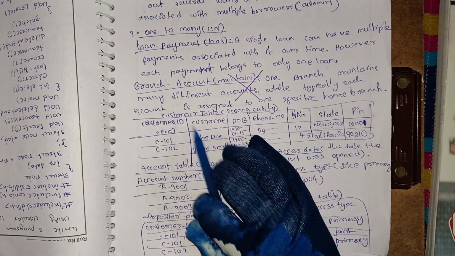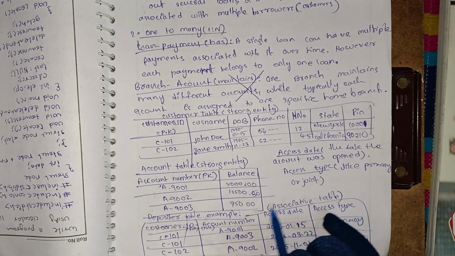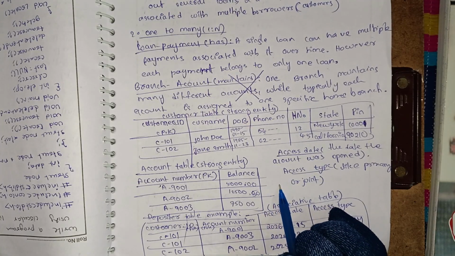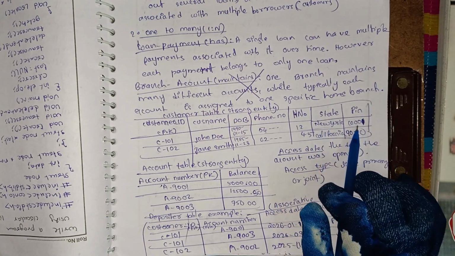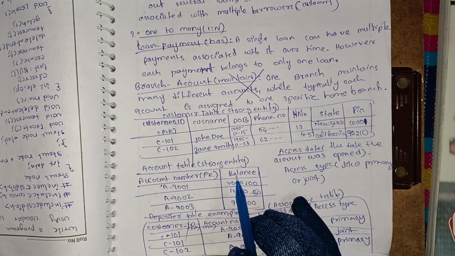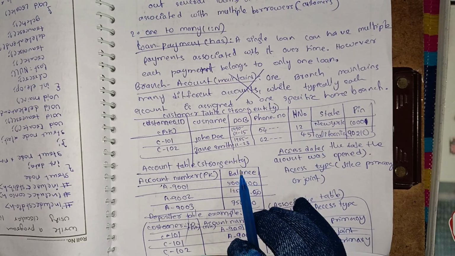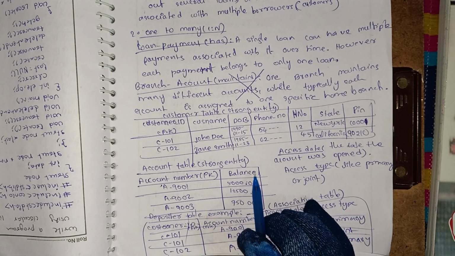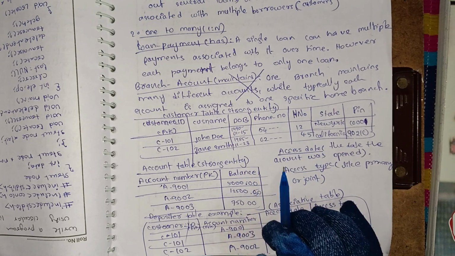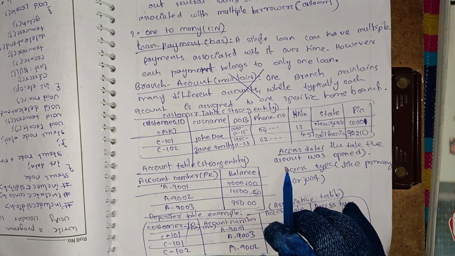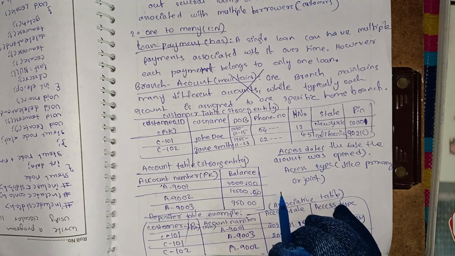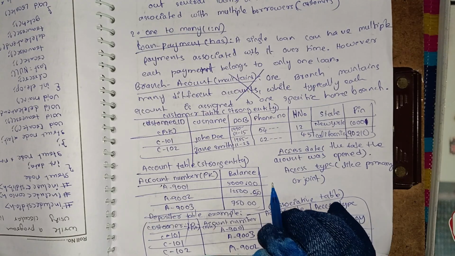And if we place customer ID in this account table, then also it will create redundant values, like I have explained in the customer table. If I have placed customer ID here, then C101, C101 and C101.